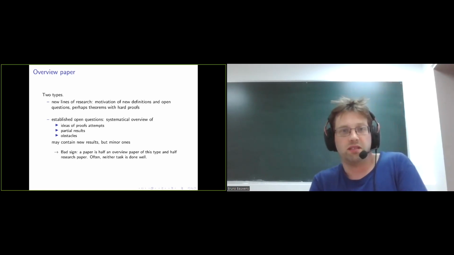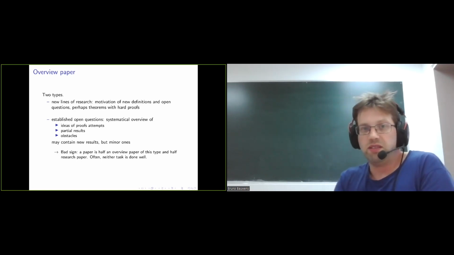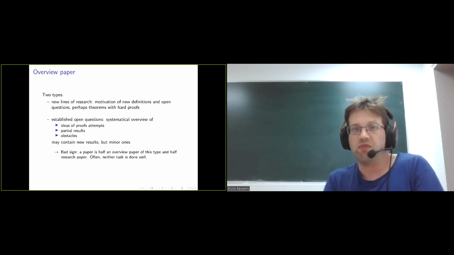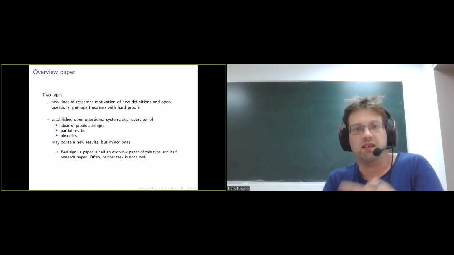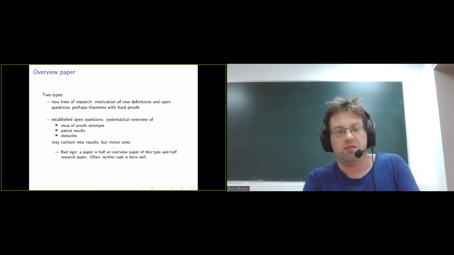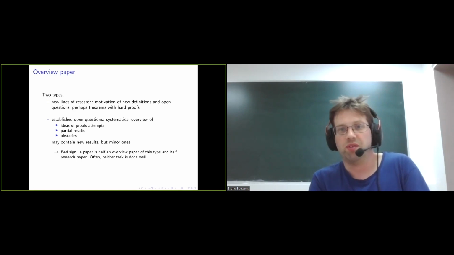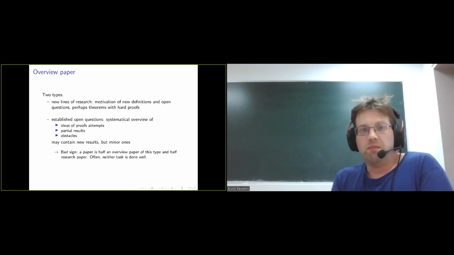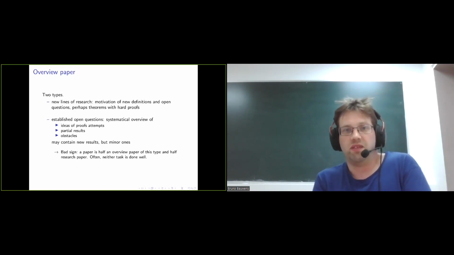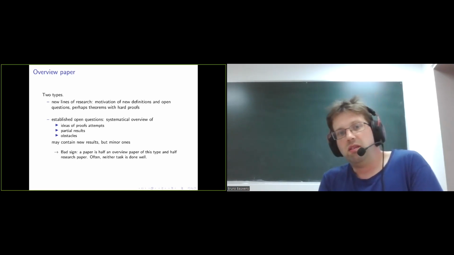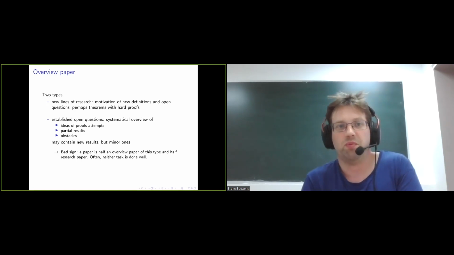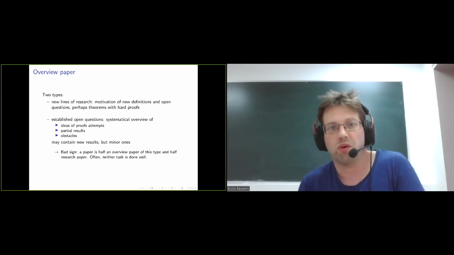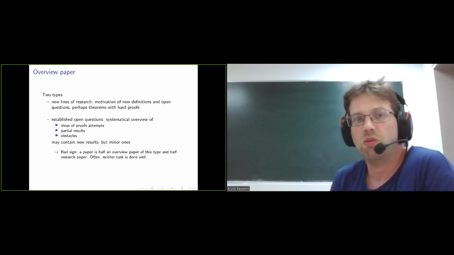Also interdisciplinary researchers. If you come from economics and you discover that there is, say, in game theory, an important mathematical question that's relevant for the field, then you can write such an overview paper where you introduce a new program and ask the mathematicians to answer these mathematical questions.